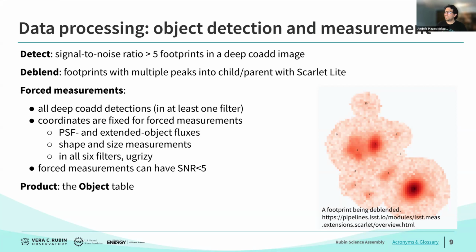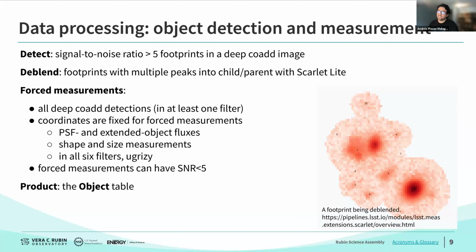Then we do the forced measurements. We use all deep coadd detections in at least one filter, and the coordinates are fixed in order to do these forced measurements, forced photometry. So we have PSF and extended object fluxes. We also do shape and size measurements, and we do this in all the 6 photometric filters that we have.